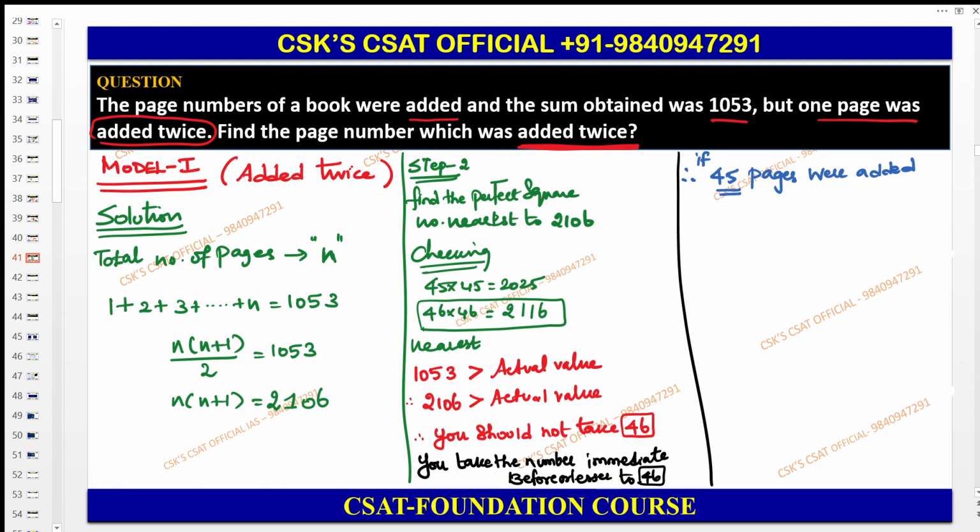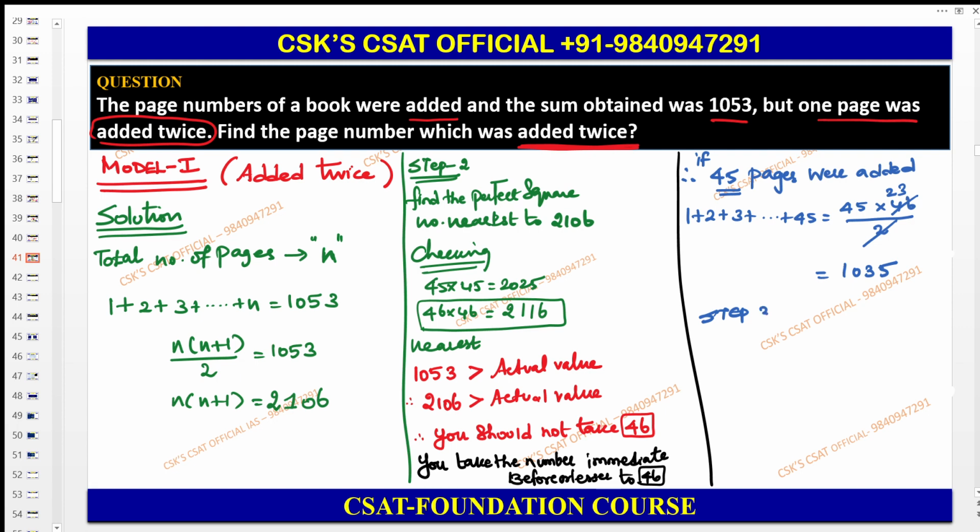You do the sum here: 1 plus 2 plus 3 and so on up to 45. That is 45 into 46 by 2, which you can cancel to get 45 into 23. Now 45 into 23 is 1035. Very good.